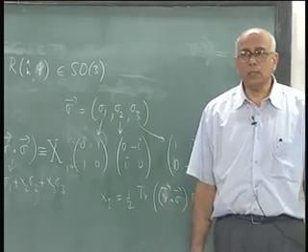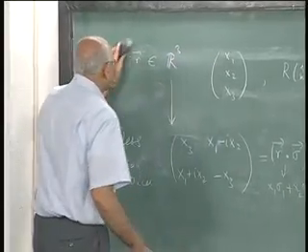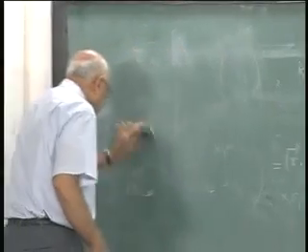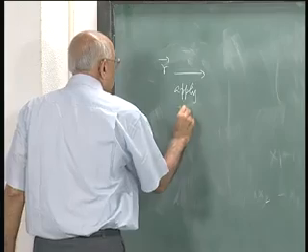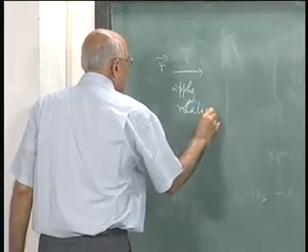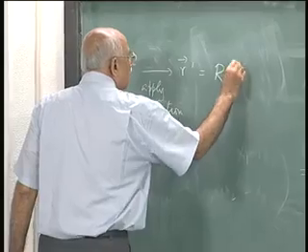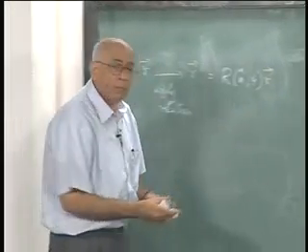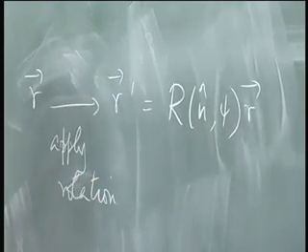Then the question asked is the following: if you go from R to R prime, so I start with the position of a point R, and then I apply a rotation, I go to R prime, which is equal to this R of n psi acting on R, where by this I mean the column vector and by this I mean the 3 by 3 matrix.